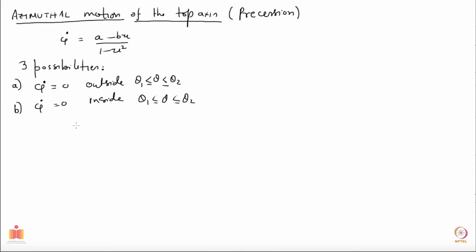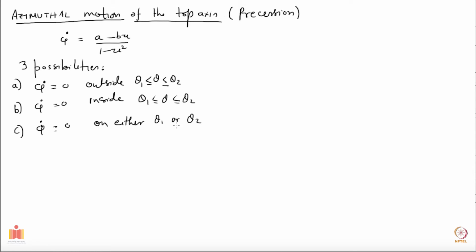And the third possibility is that phi dot is equal to 0 on either theta 1 or theta 2. So these are only three possibilities. And all these possibilities correspond to a minus bu equal to 0. You solve this numerator equal to 0, and your solution gives you one of these possibilities.